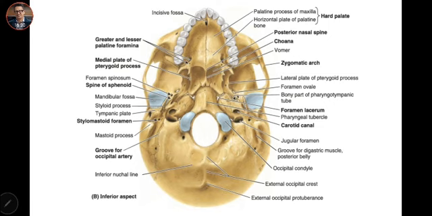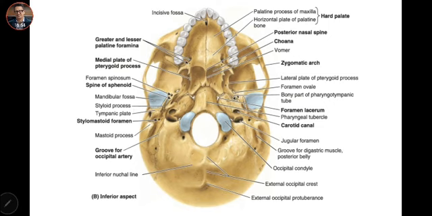This is the foramen ovale. This is for the passage of the mandibular nerve. The greater wing of the sphenoid contains the foramen ovale, and also present is the foramen spinosum, in the spine of the sphenoid.